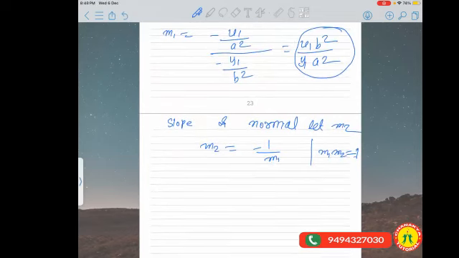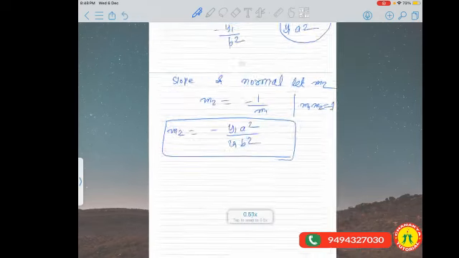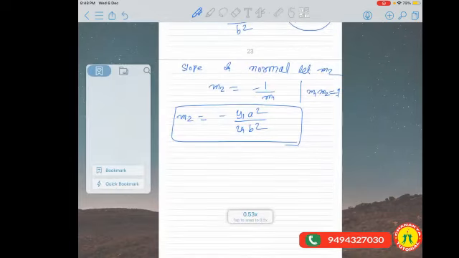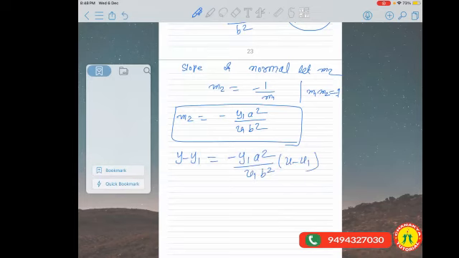So now m2 is equal to minus of y1 a square upon x1 b square. If you know the slope and point, we can write the equation of normal. So the equation of normal is y minus y1 equals m2, where m2 is minus y1 a square by x1 b square, times x minus x1.